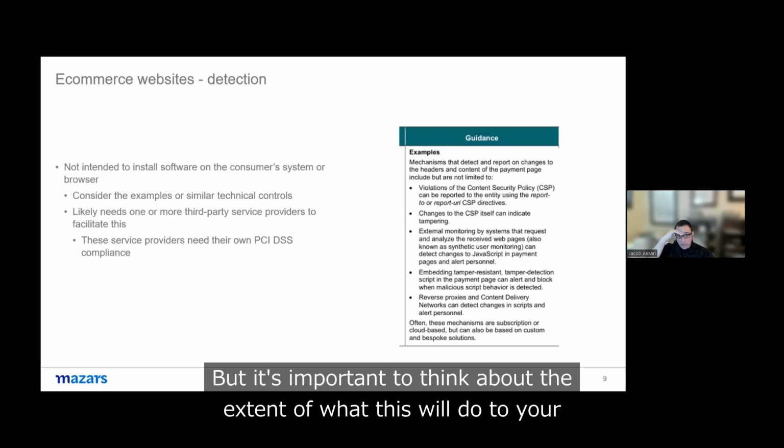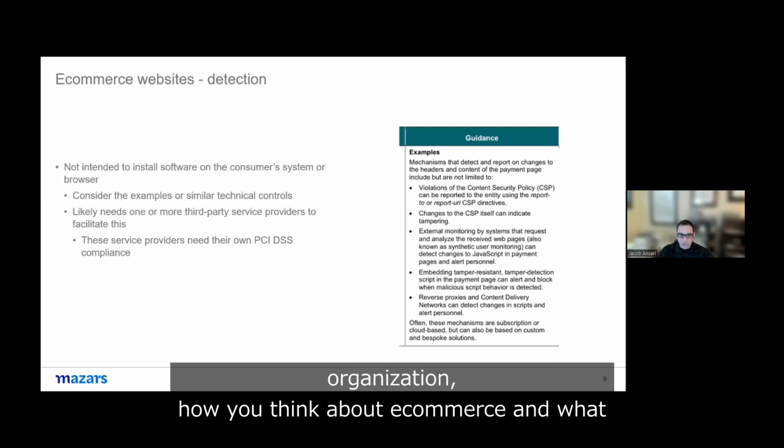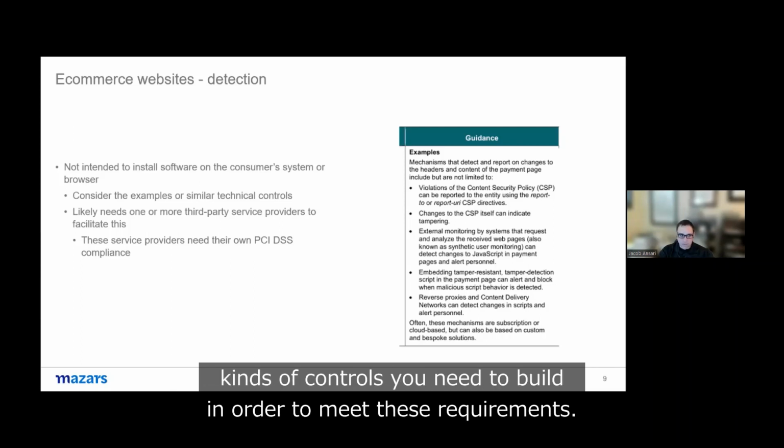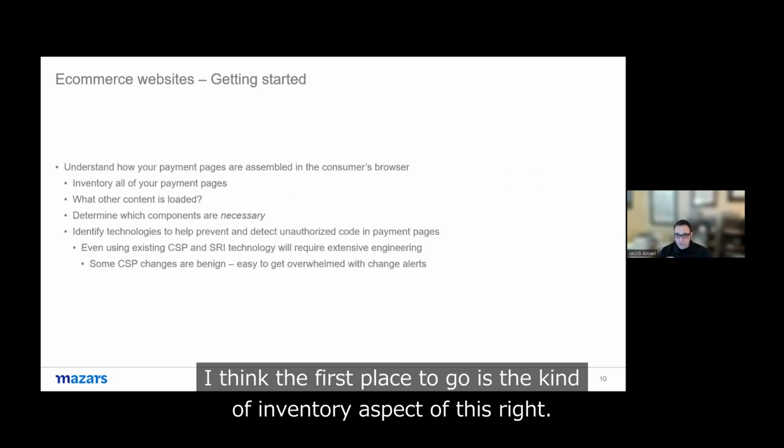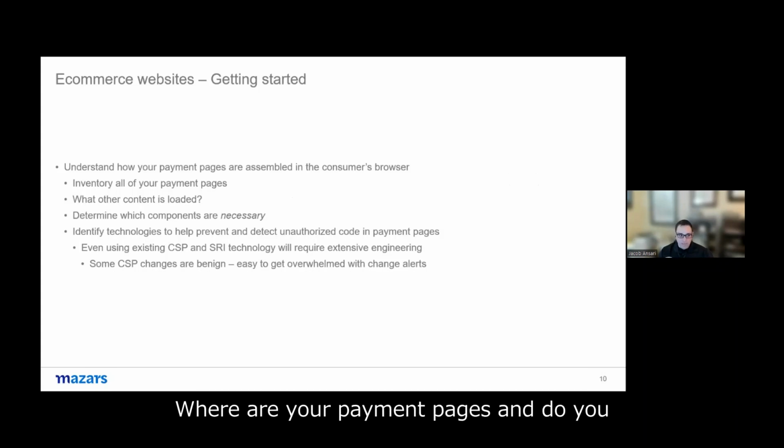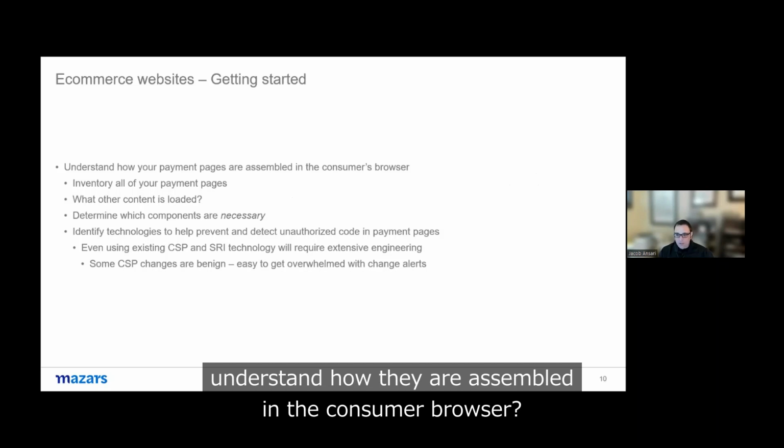But it's important to think about the extent of what this will do to your organization, how you think about e-commerce, and what kinds of controls you need to build in order to meet these requirements. And so when you think about how to get started, I think the first place to go is the kind of inventory aspect of this, right? Where are your payment pages? And do you understand how they are assembled in the consumer browser?